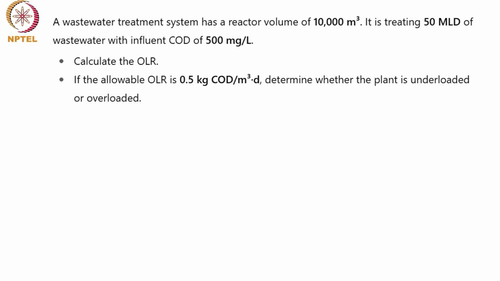So if we substitute everything, then we will get 2.5 kg of COD per meter cube per day. That is the OLR. And then the allowable OLR is 0.5, but what we are having is 2.5, so it is overloaded. I'm sorry, it's not underloaded, it's overloaded. So the plant is overloaded.